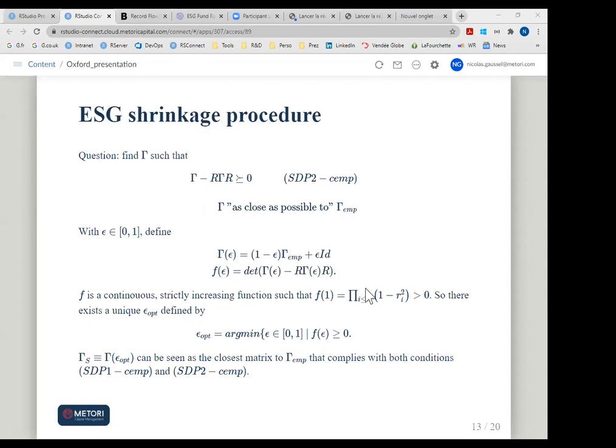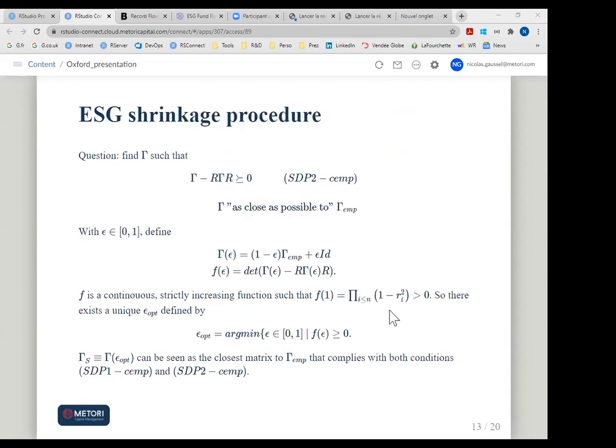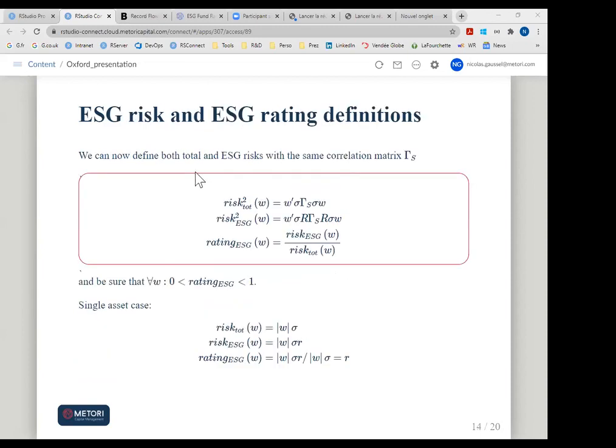Okay, excellent. So here we have this shrinkage procedure. And basically, what does it mean? I will follow the flow. So you find a correlation matrix, and now that you have a correlation matrix, you can define everything.